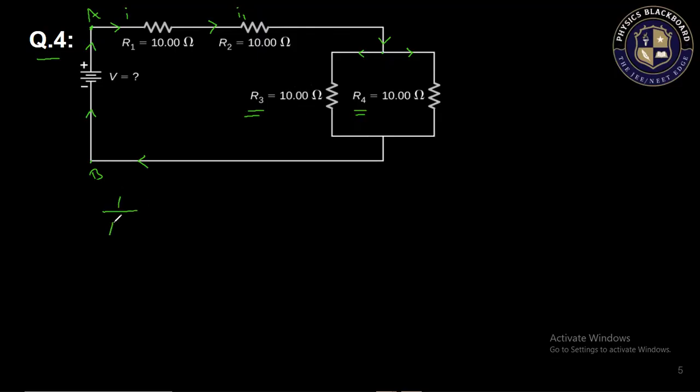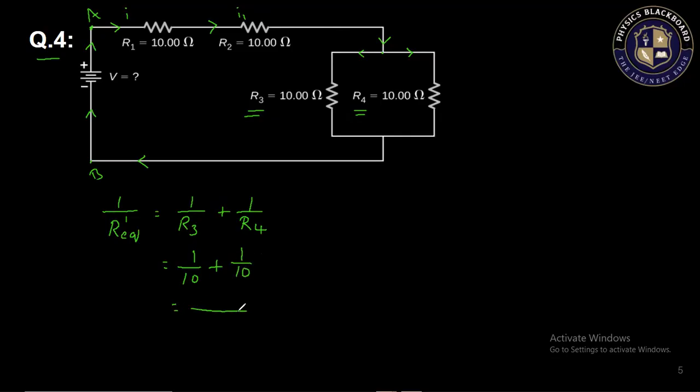As they are in parallel, let's take R dash: 1 by R dash equivalent is equal to 1 by R3 plus 1 by R4. What is 1 by R3 here? R3 is 10, R4 is also 10.